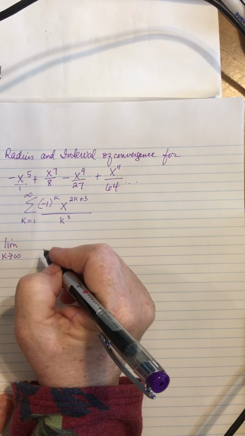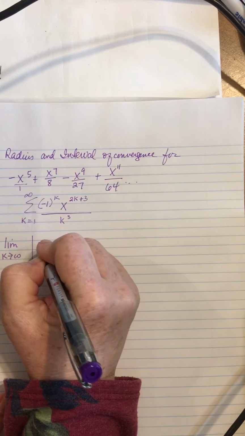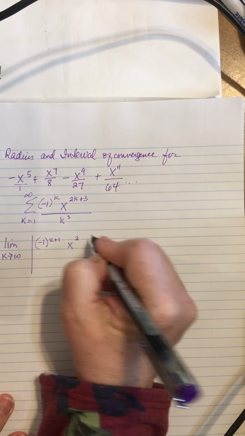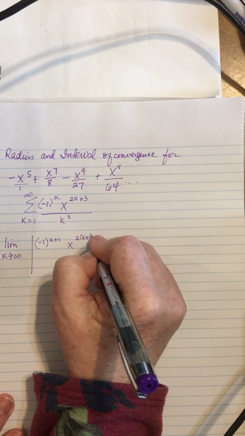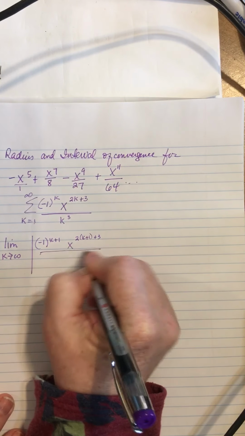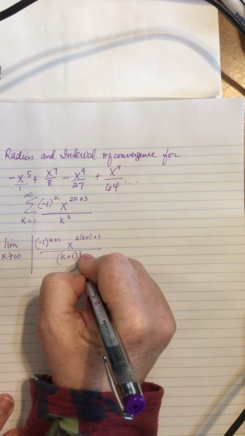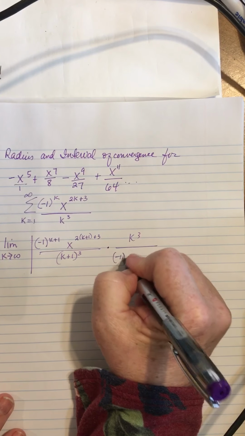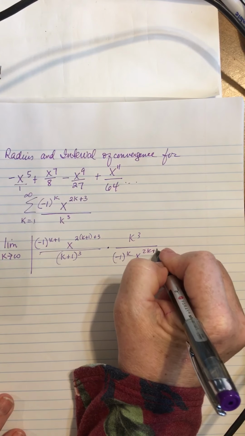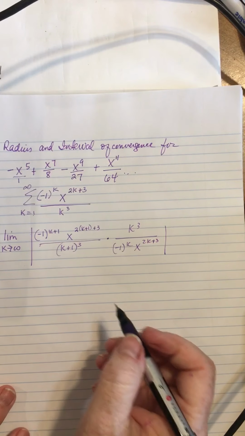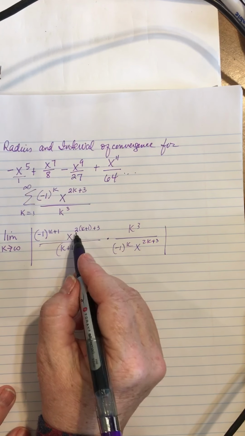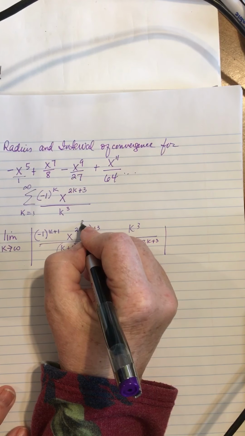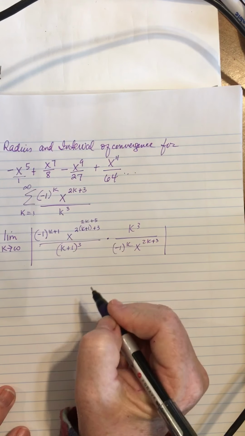So we're going to take the limit as k approaches infinity of the absolute value of negative 1 to the k plus 1 times x to the 2 times k plus 1 plus 3 over k plus 1 cubed times k cubed over negative 1 to the k x to the 2k plus 3. And this here, when you multiply that out, that's 2k plus 2 plus 3, which is x to the 2k plus 5.